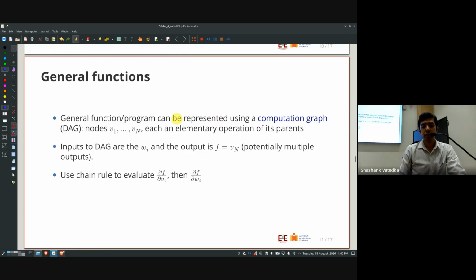So let's say that I have f of w1, w2 equal to, say, w1 plus w2 plus sine of w1, w2. All right.